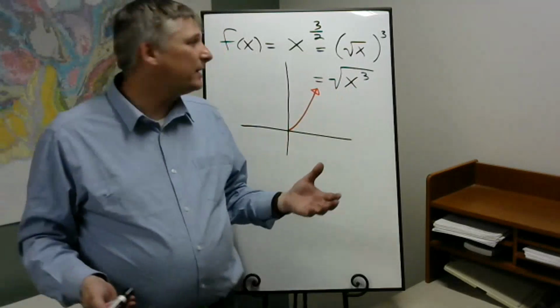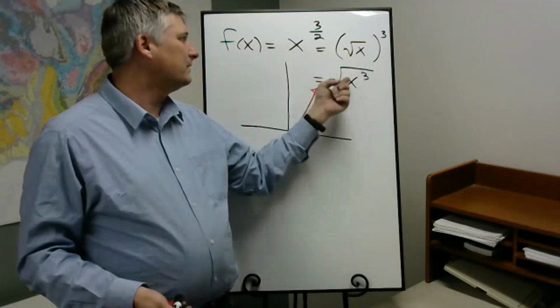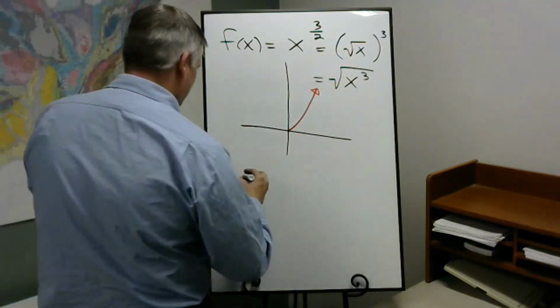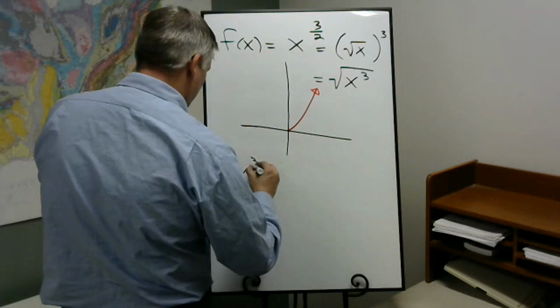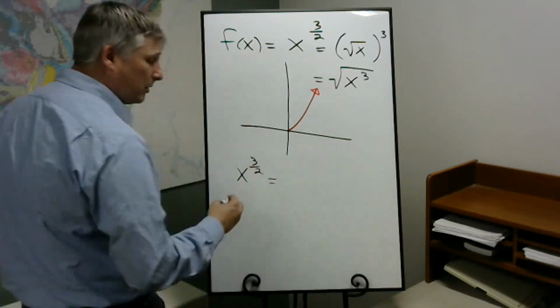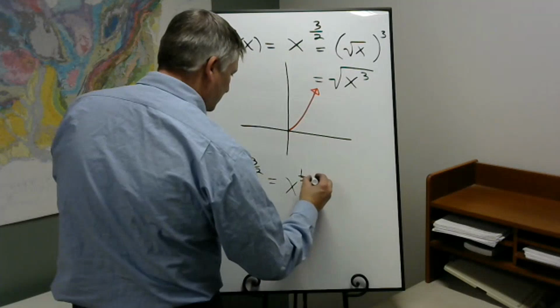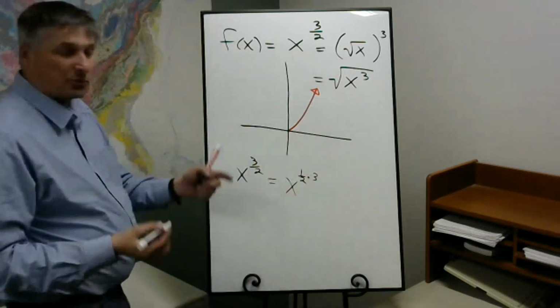Now, it might have been a while, but you might be wondering, how is this leading to that? Well, here's the deal. We could think of this as x to the 1/2 times 3, or 3 over 1.